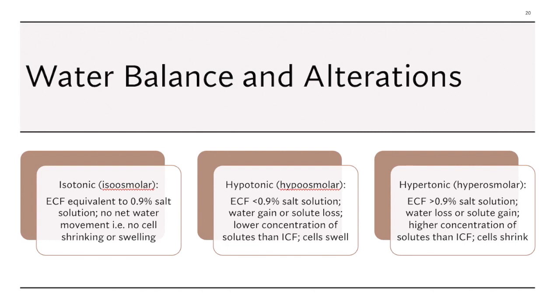So this slide here is just showing you how we describe the solutions that we give or that are in the extracellular fluid, and how they affect the cells in the body. So let's talk about these three things first.